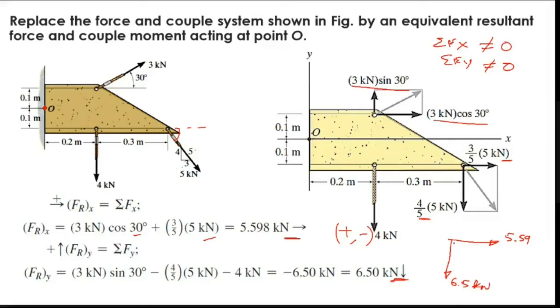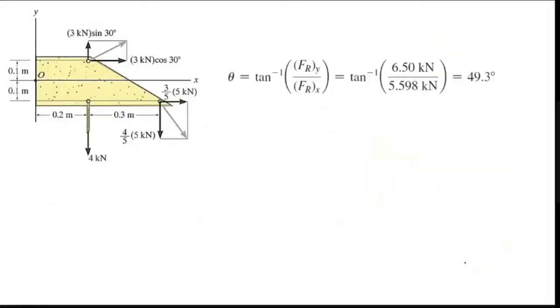So the resultant will be here, the addition of these two: sigma Fx square plus sigma Fy square. That is my resultant value. Theta is sigma Fy divided by sigma Fx. Sigma Fy is 6.550 and sigma Fx is this. Find out your angle. So now I got my resultant angle also. That is my force.